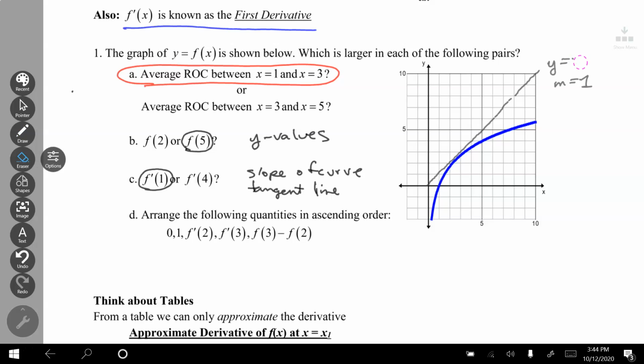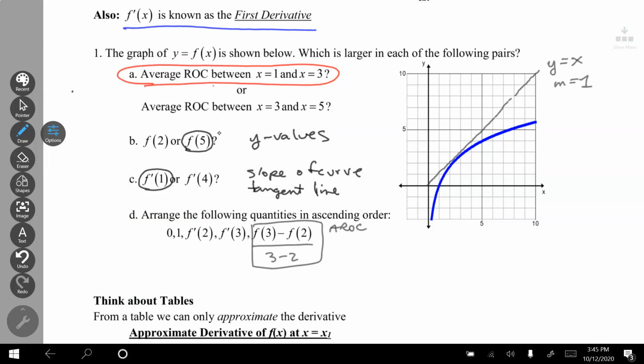Okay. So I want to compare the numbers 0, 1, f prime of 2, f prime of 3, and this value, which is really, if you look at it, it's 3 minus 2, which is just equal to 1. So this is the average rate of change between points x equals 3 and x equals 2.